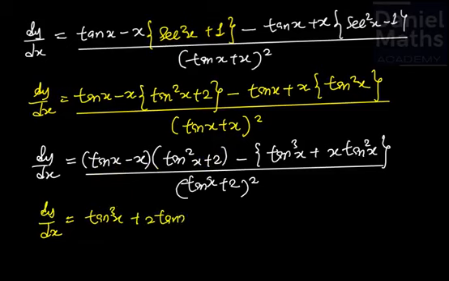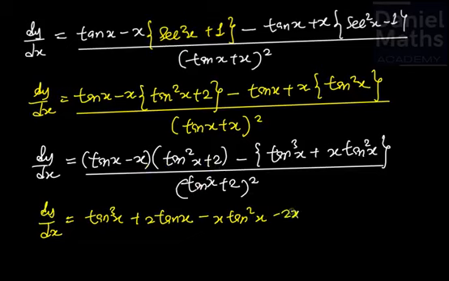I'm done with this, so it was this times this, and then this times this. Now this times this is going to give me minus x tan square x, and then this will give me minus 2x.